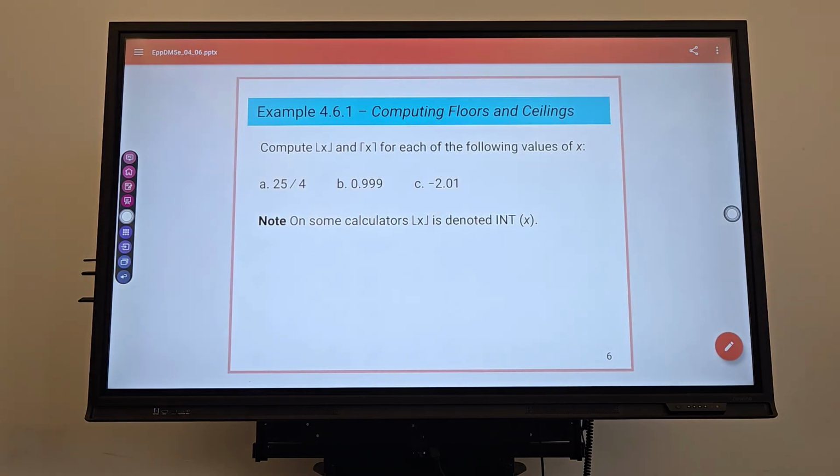Compute the floor of x and the ceiling of x for each of the following values of x. 25 divided by 4.